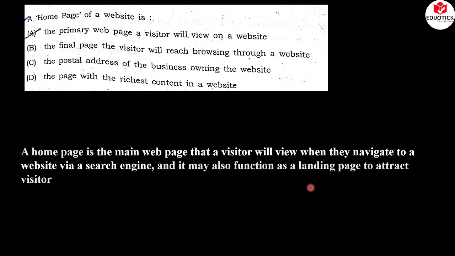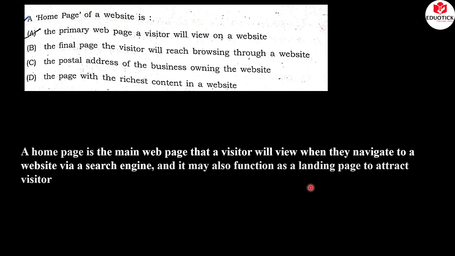The home page of a website is the primary web page a visitor will view on a website. So what is a home page? When you go through a website, for example, if you visit some university website, or maybe if you go for application for SLET, then you will click to sletne.com or something.